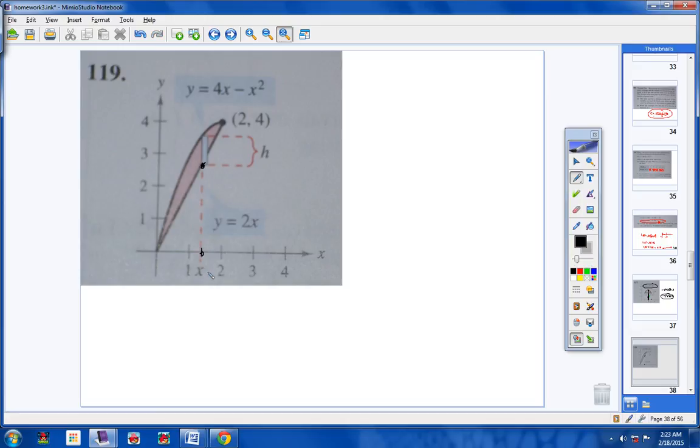So basically I'm putting x in for x right here, okay? So if I put x in for x, y equals 2, parentheses, put an x in for x, you still get out the same thing, 2x. So the height from here to here is 2x.